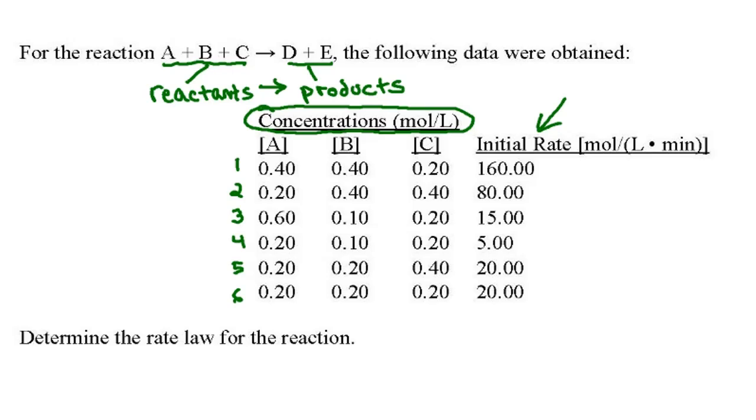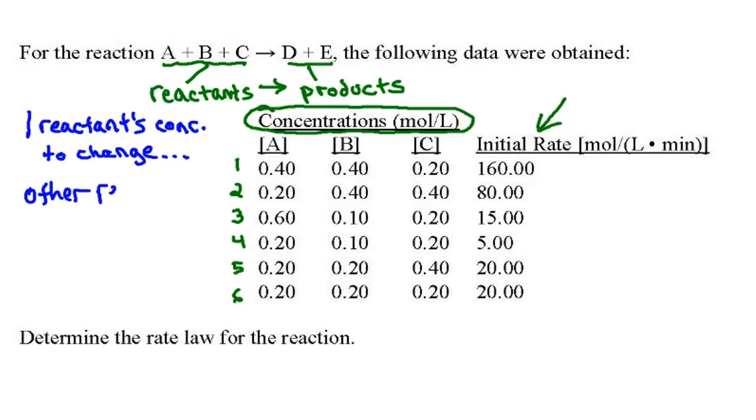So the first thing we need to do is look where one of the concentrations is changed while the other ones stay the same, because we only need one reactant's concentration to change while the other reactants stay the same.